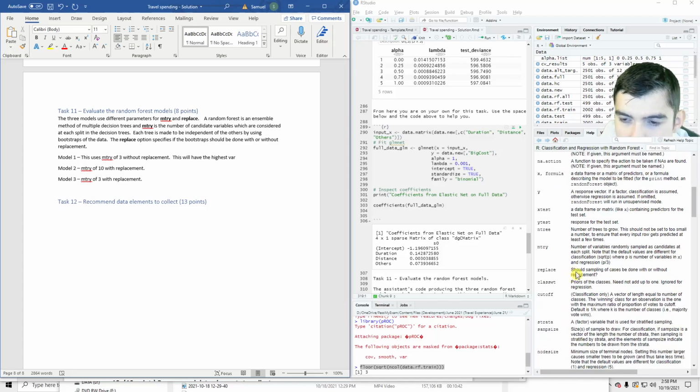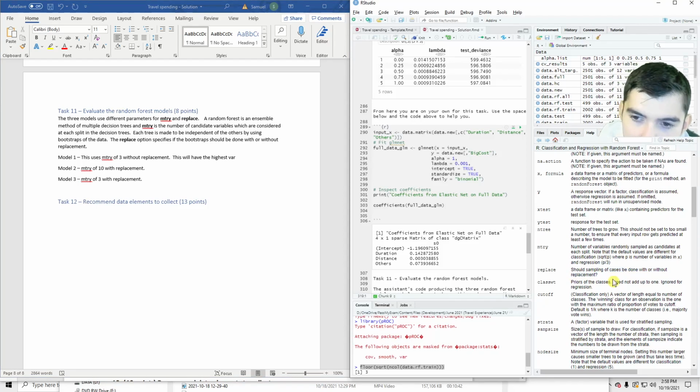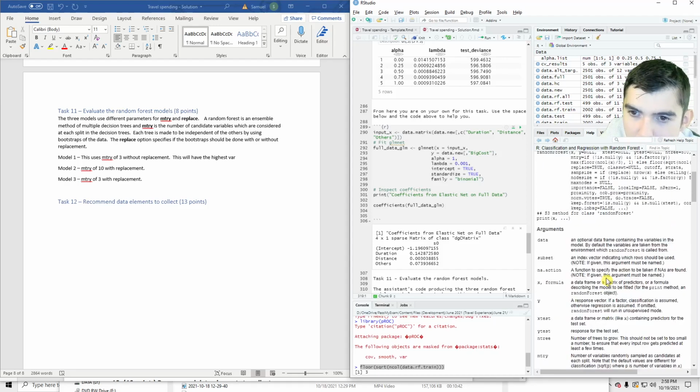replace: should sampling of the cases, or in other words, sampling of the observations, be done with or without replacement. If you sample all of the observations with replacement, it would mean that you can choose the same record multiple times. So the same records could appear. If you do it without replacement, it means that each record could only be sampled once.